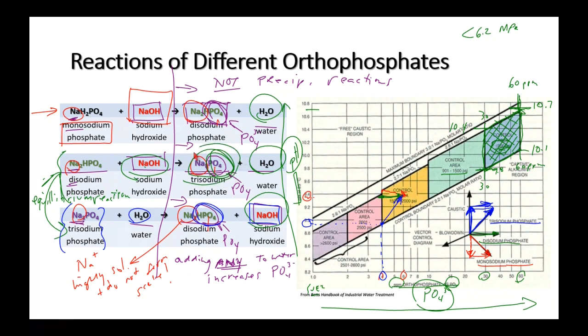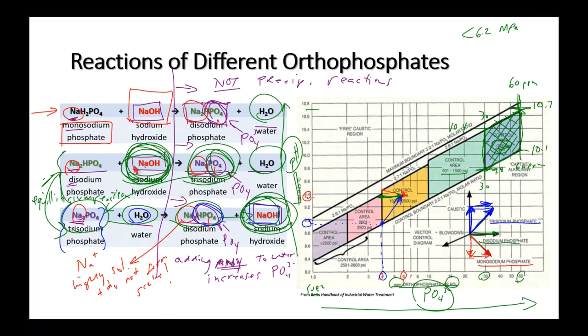So though we are producing trisodium phosphate, that trisodium phosphate, as it's produced, combines with water and gives you disodium phosphate and sodium hydroxide. So the disodium phosphate consumes sodium hydroxide, but once it becomes trisodium phosphate, it releases sodium hydroxide. It's like it breathes in, it breathes out, it breathes in.